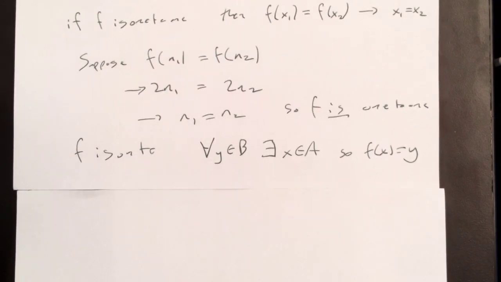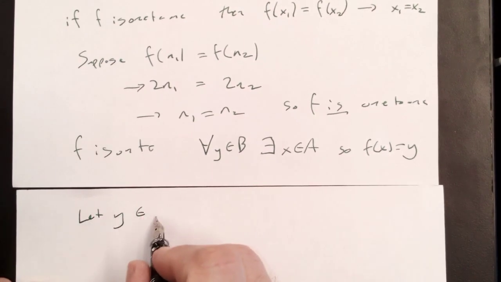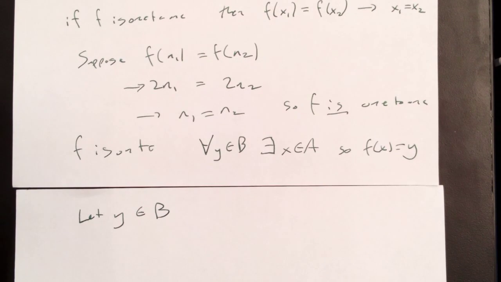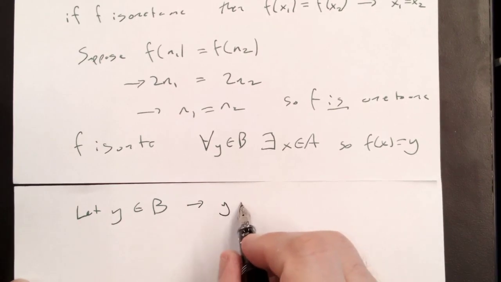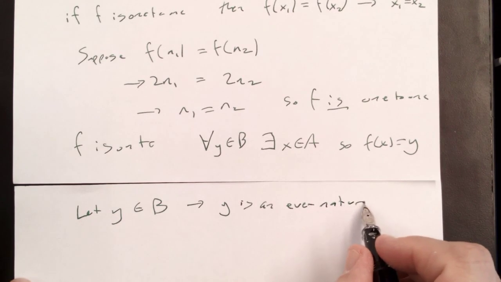So pick a number in the set B. Let y be an element of B. What was our set B again? Set of even numbers. y is an even natural number.